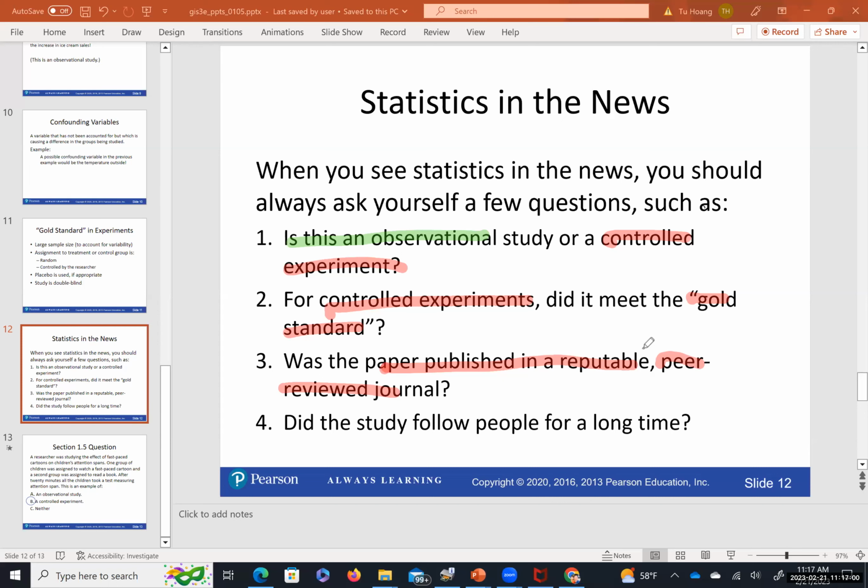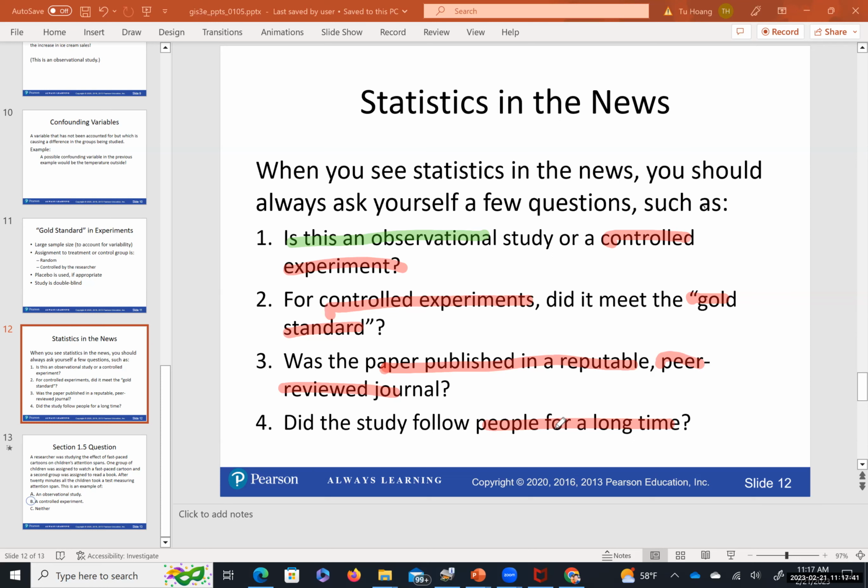Okay. Did the study follow people for a long time or short time? I mean long. So if it's a long time, it's gonna be a good study, something like that, right? For example, if I see a news about the percentage of people getting COVID, right? So I may say, oh, is this an observation study or control experiment? So it depends on that news.